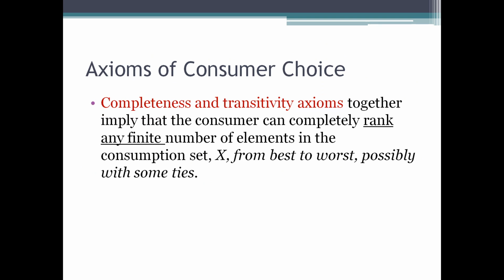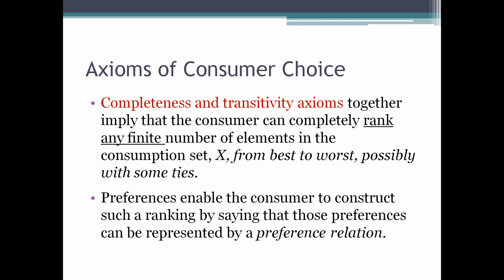So both axioms together, completeness and transitivity, imply that the consumer can completely evaluate the alternative bundles and rank them all from the best to the worst, so he can choose the one that is most preferred to him.